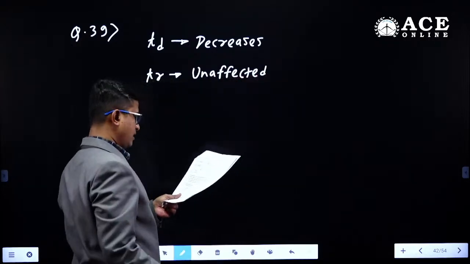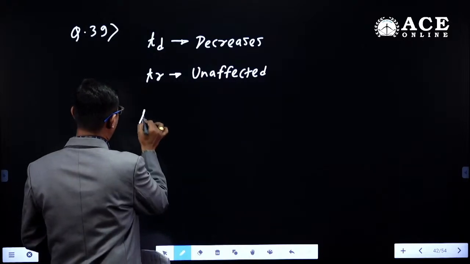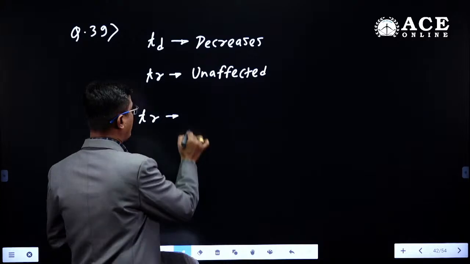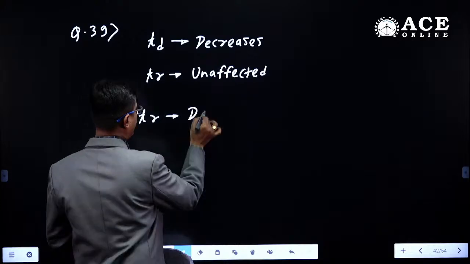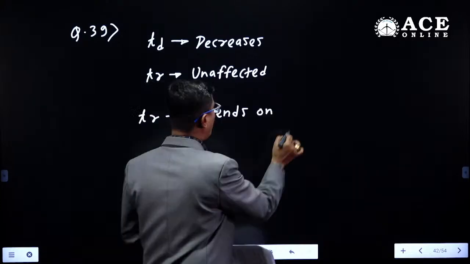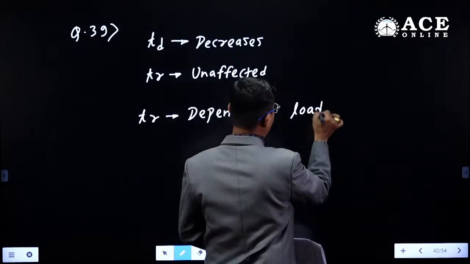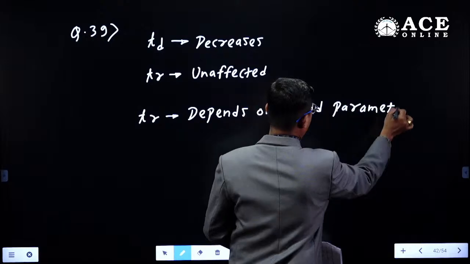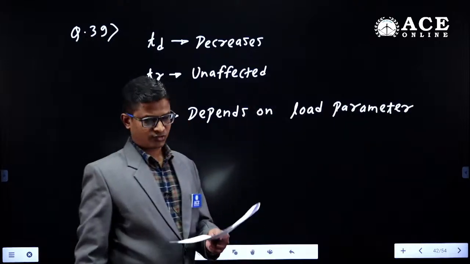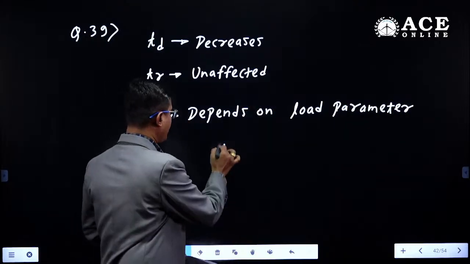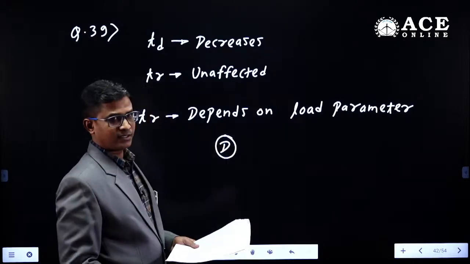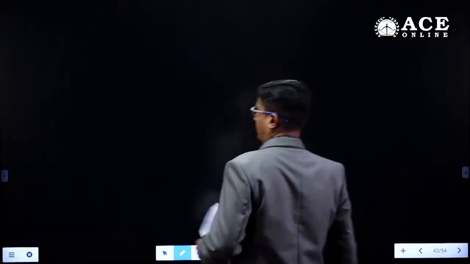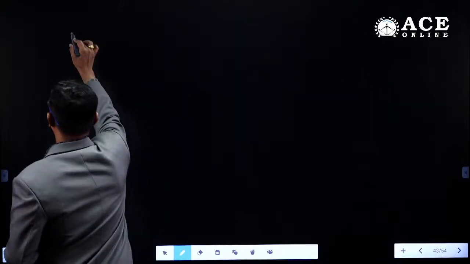TR means rise time, it depends on the load parameter, alright. TR depends on the load parameter. So if you check the options, option D is the correct option, right? So this is about the question number 39. Let us discuss the question number 40.